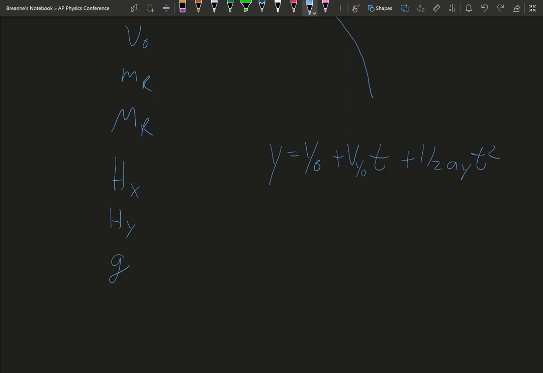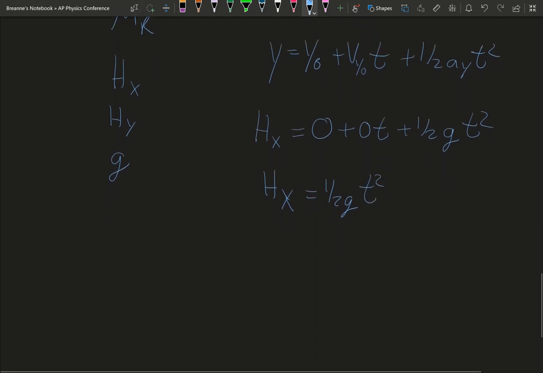So if we're dealing with x again, our height would be hx. That is now 0 times t plus 1/2, that'd be gravity, times t squared. So now that just leaves us with hx equals 1/2 g t squared.